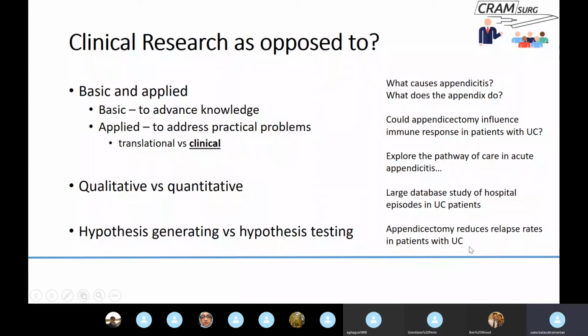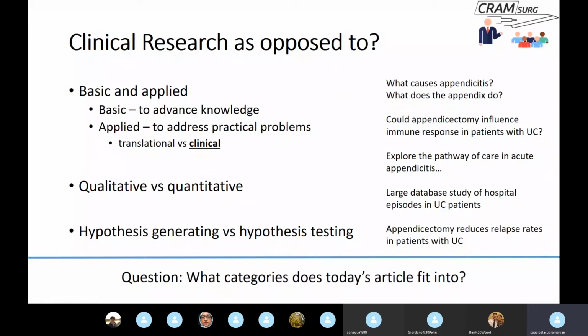And finally, if after such a database study you come up with a hypothesis that says, you know what, appendicectomy has the potential to reduce relapse rates in patients with ulcerative colitis, then that's where you have a hypothesis, and you set out to design a study that would then test the hypothesis. So that would be a good example of hypothesis testing research.